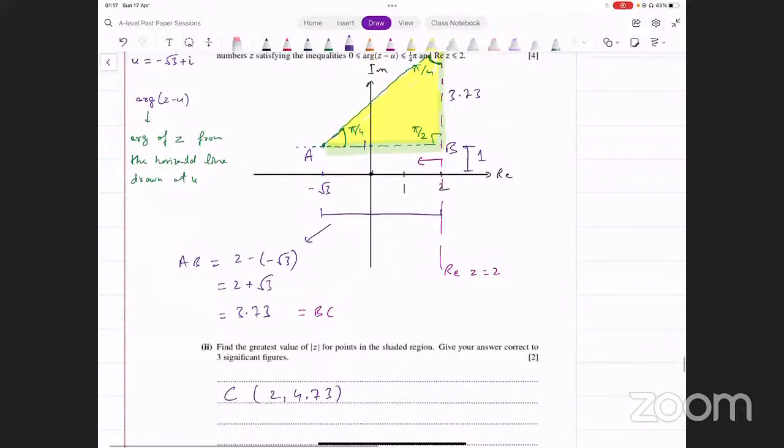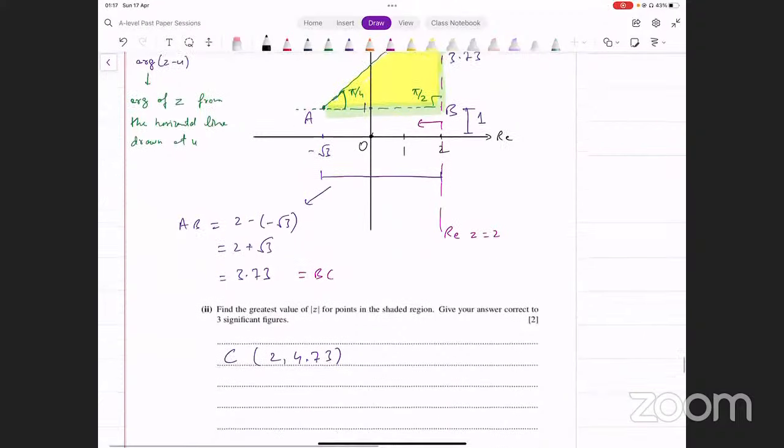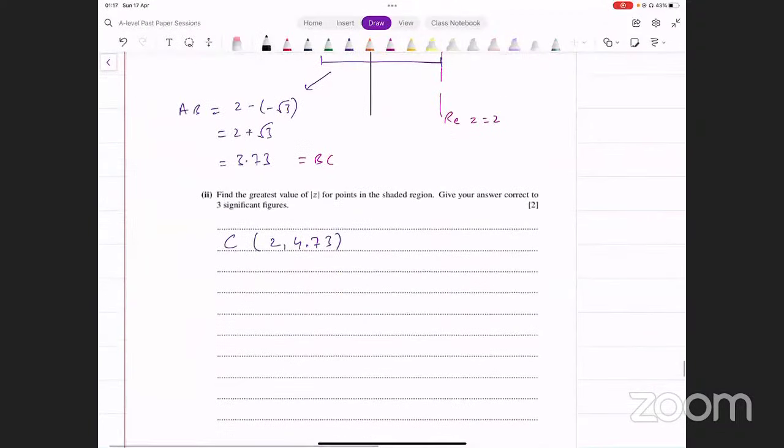अब डिस्टेंस फाइंड कर लें ओरिजिन से. उसका कैसे करेंगे? डिस्टेंस फॉर्मूला. It's going to be modulus of Z. That's going to be square root of 2 square plus 4.73 square. You can see what that turns out to be. 4 plus 4.73 का square, and then you take square root of that.